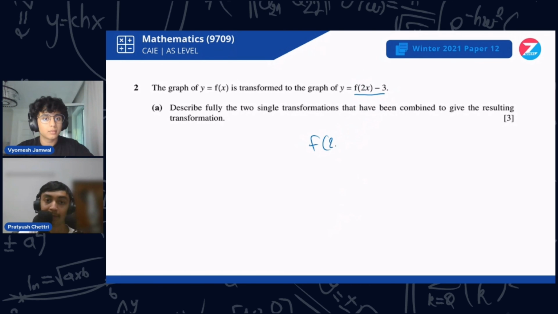So f of 2x minus 3. The multiplication means scale, and it's inside the brackets, so it's sort of like backwards.